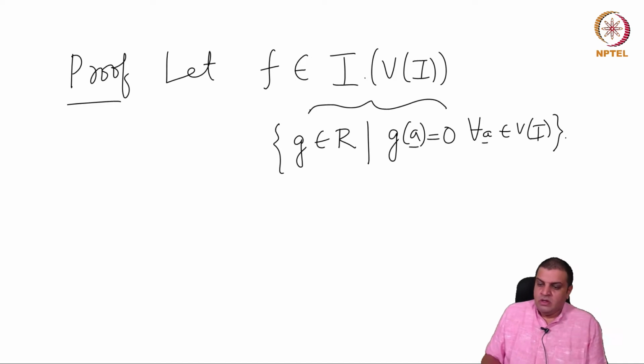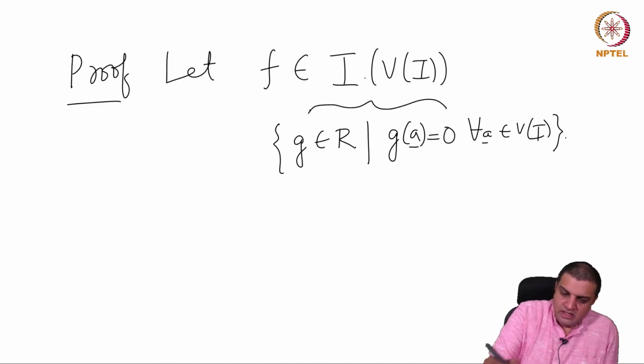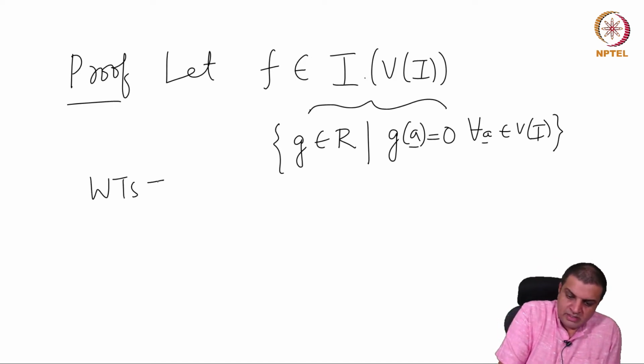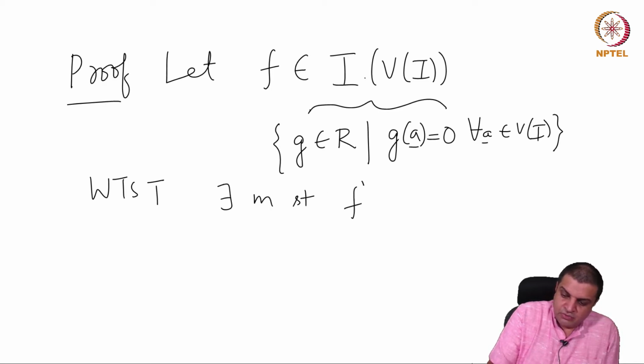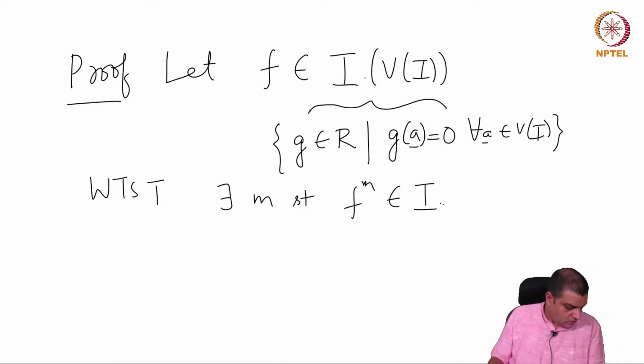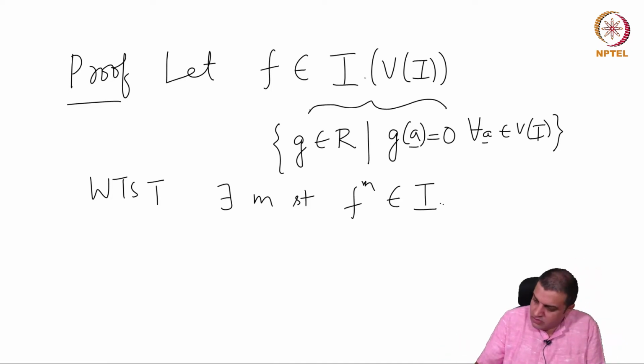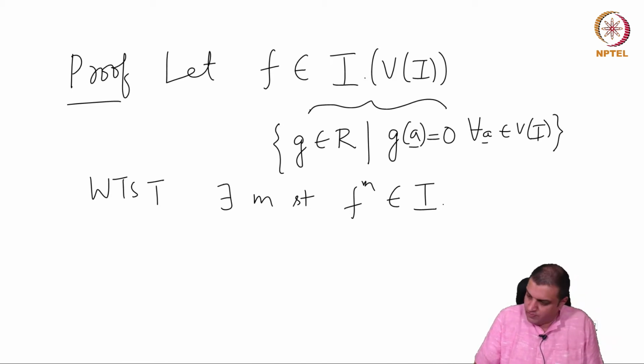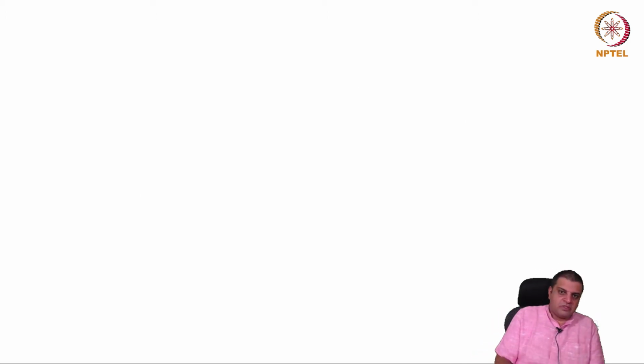And we want to show that there exists an m such that f to the m is inside I. So the proof of the statement is a clever trick done as follows.